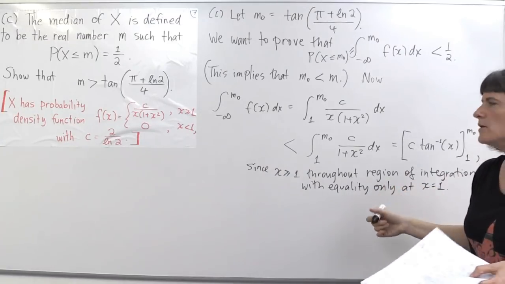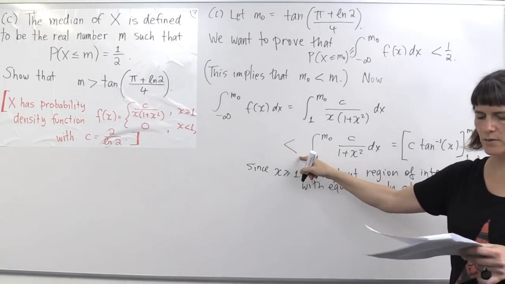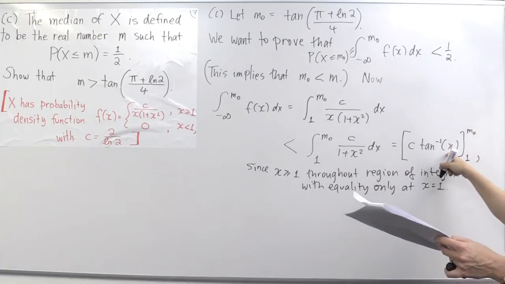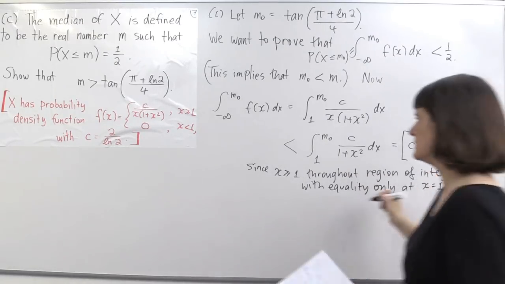So as long as we go a bit beyond x equals 1, we'll get a strict inequality here. And now let's figure out what this is by plugging in the value of m0, and I'll do that over here.